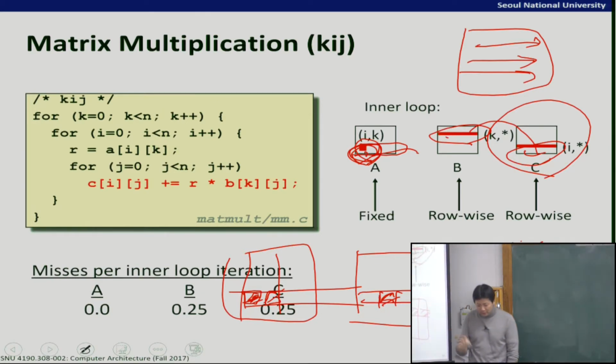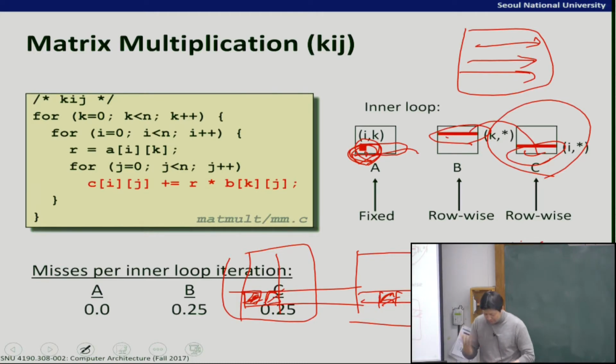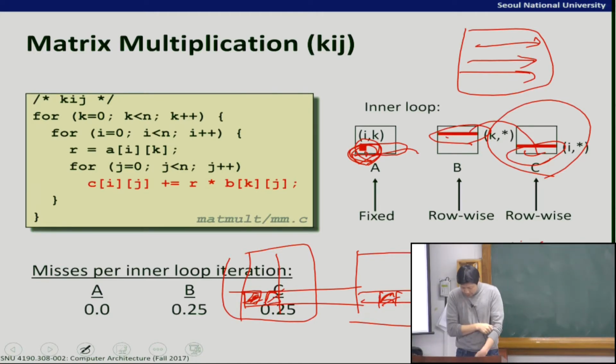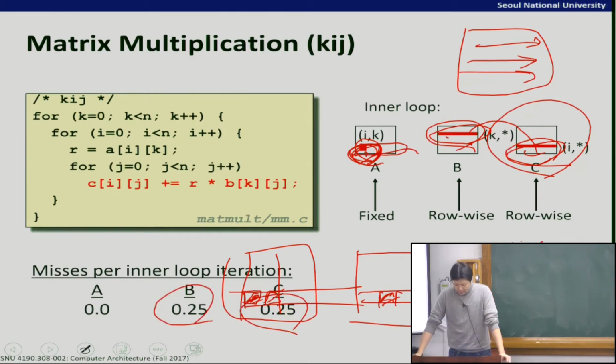Okay, so that's how we compute the same thing in a different order. That's basically the code. And here we see a very nice pattern, because this one is fixed, so there's zero cache miss for this one. And these two show a very nice pattern of strided, row-wise access. Because of this, both of these arrays have a very low cache miss rate, 0.25 in both cases, right?